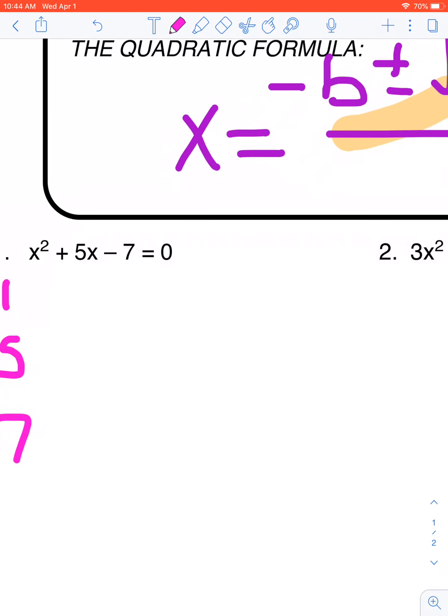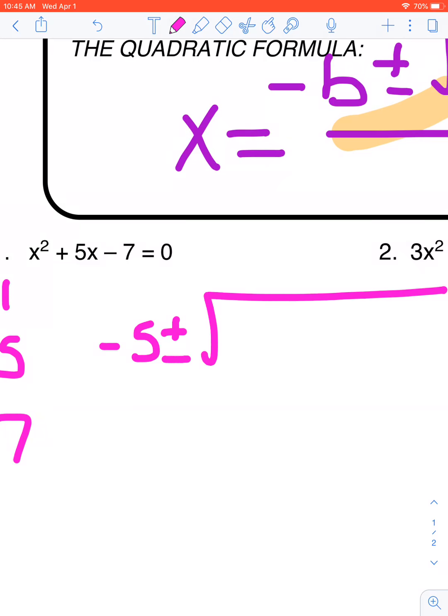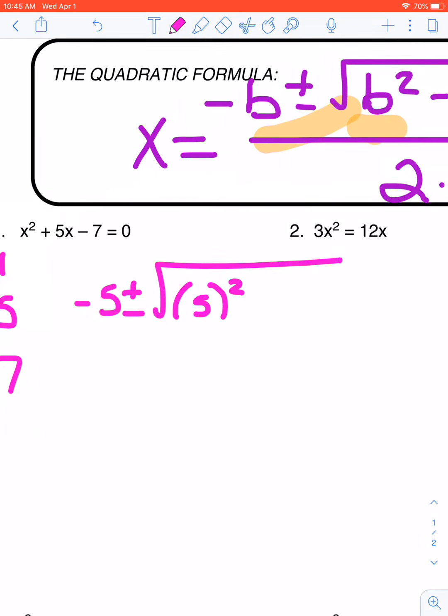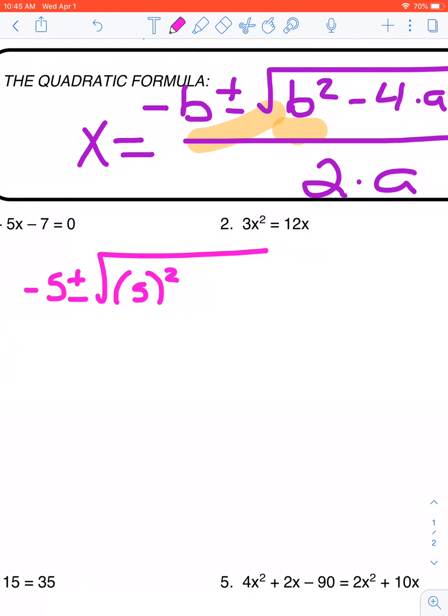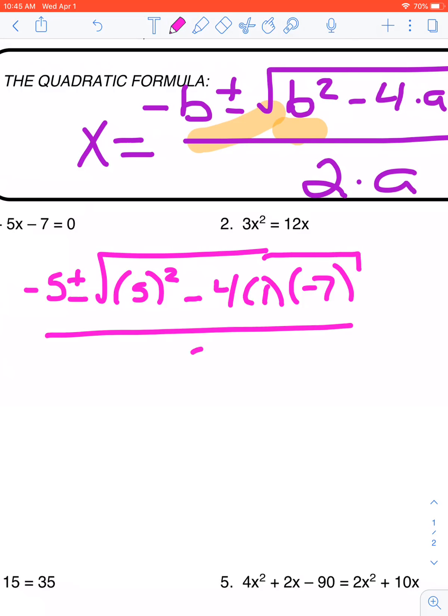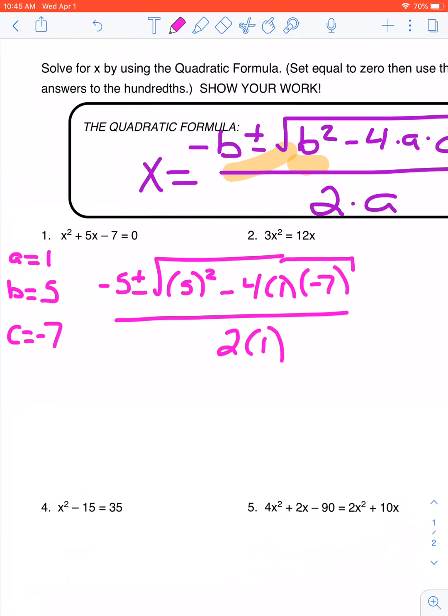The equation is negative b, so negative 5, plus or minus the square root of 5 squared, so it's exactly what b is, minus 4, a is 1, and c is negative 7, all over 2 times a. And that's what x equals.